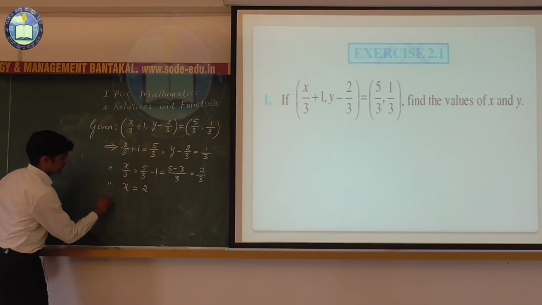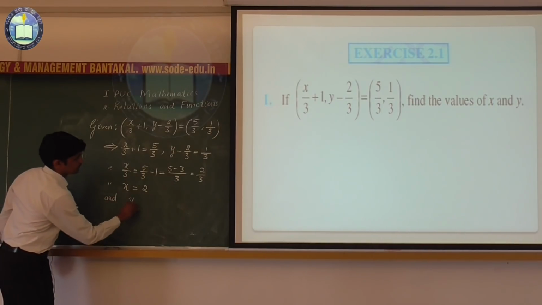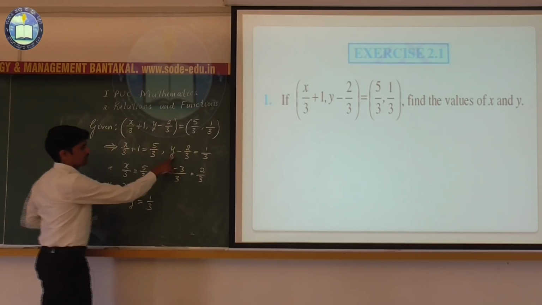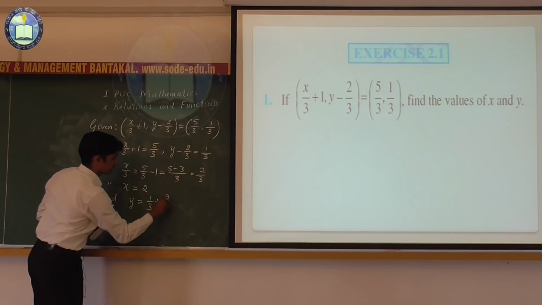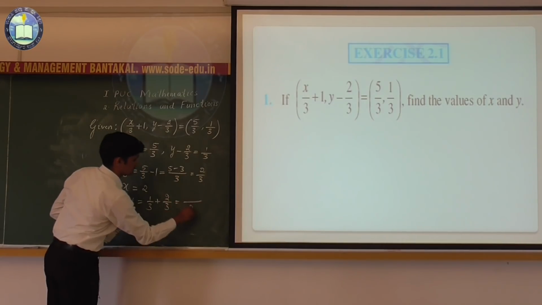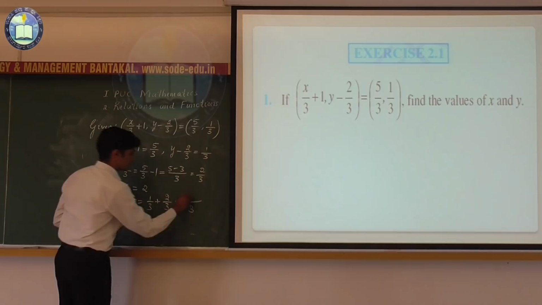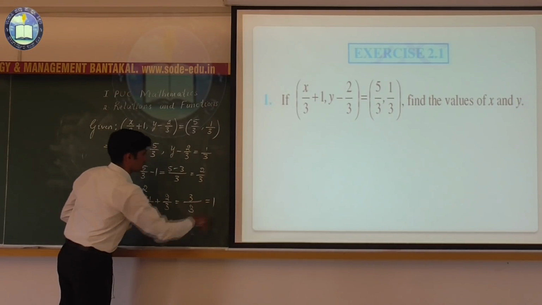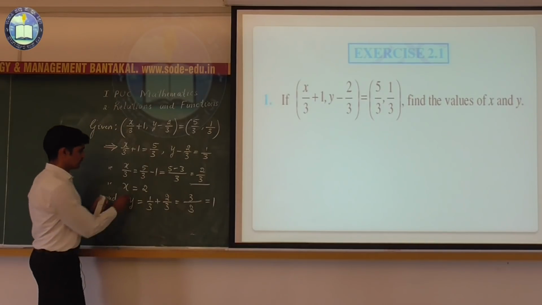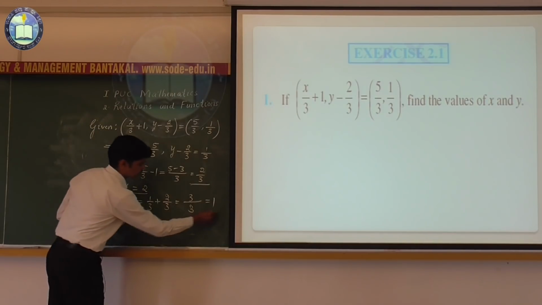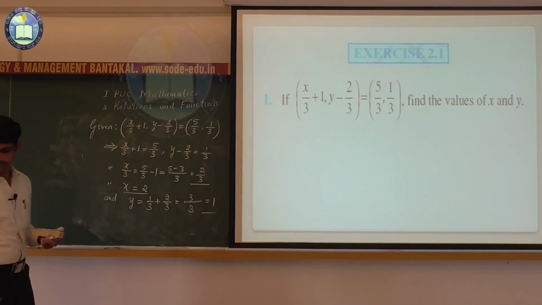And also y minus 2 by 3 is equal to 1 by 3. From here, y is equal to 1 by 3 plus 2 by 3. With 3 as LCM, we get 3 by 3. So the value of y is equal to 1. The value of x is 2 by 3 and the value of y is 1.